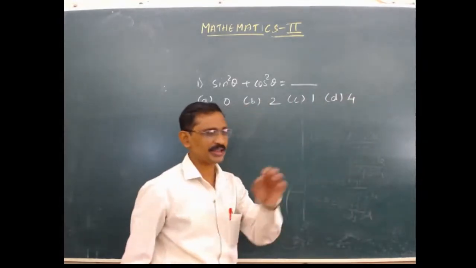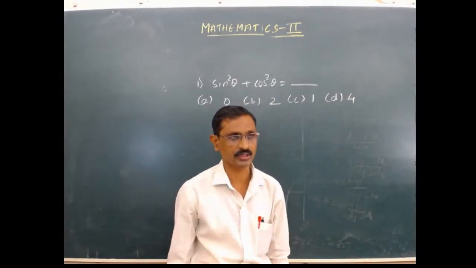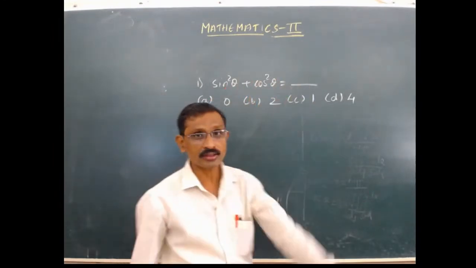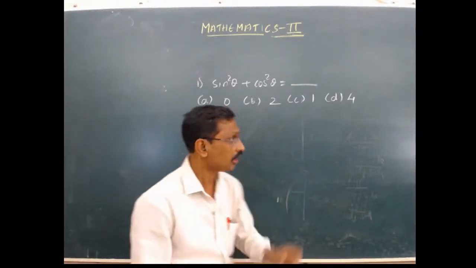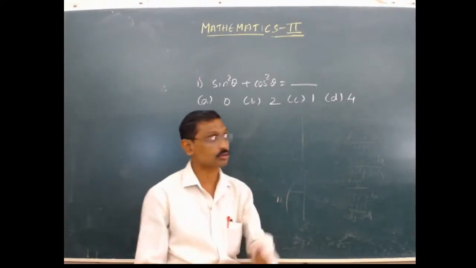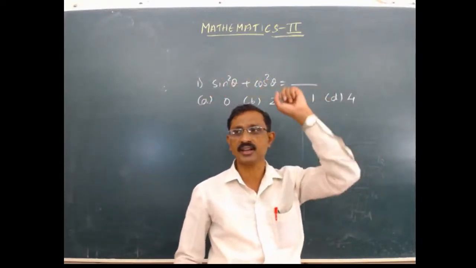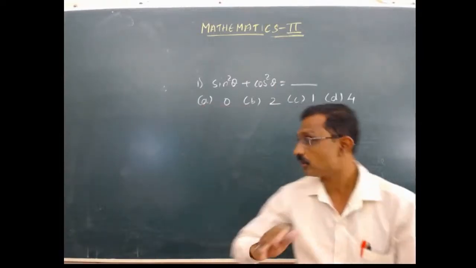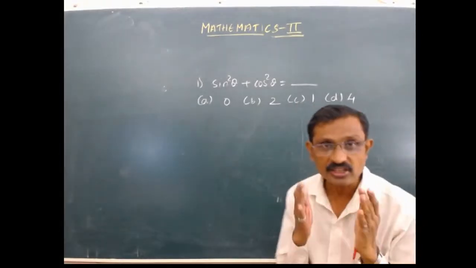As I told you, the basic identity we got from this is sin square theta plus cos square theta. What is the value of sin square theta plus cos square theta? Check the options: 0, 2, 1 and 4. Which is the correct option?